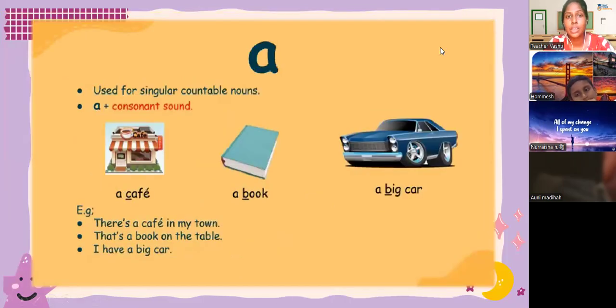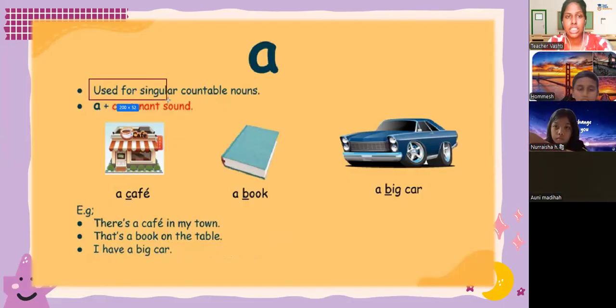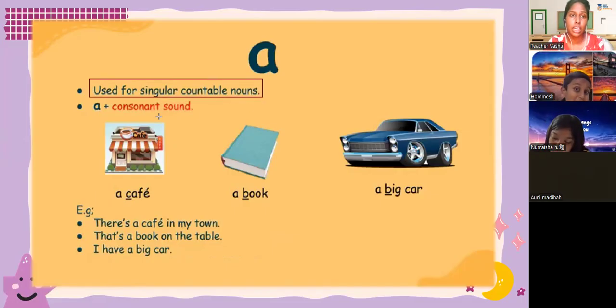Next word is the word a. When do you use a? Other than vowels. Very good. So, you use it for singular, maksudnya satu sahaja, and countable nouns. Kalau benda tu boleh dikira dan satu sahaja, you can use the word a. Jangan salin ya. I'm not asking you to copy this.